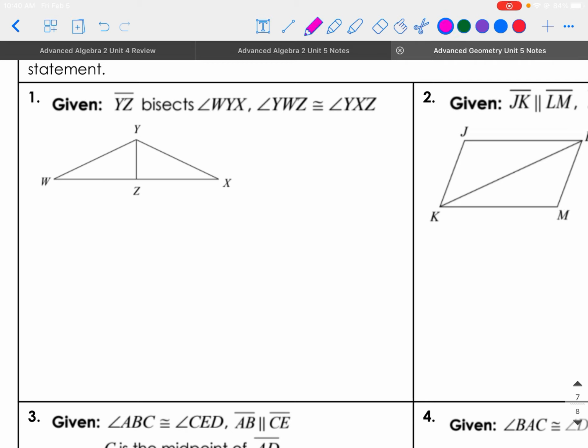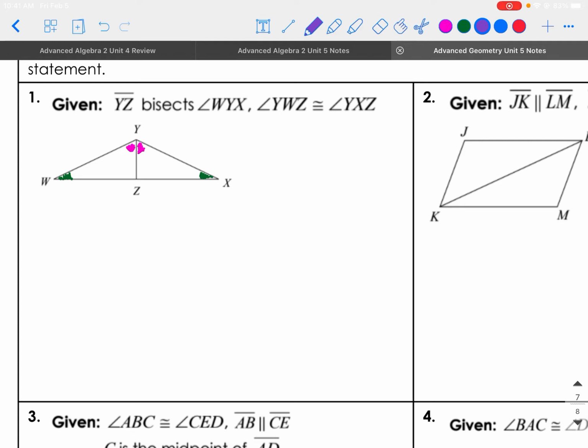It tells us that YZ bisects angle WYX. So here's angle WYX, and since YZ bisects it, that means that this angle and this angle are congruent. Now it also tells us that angle YWZ is congruent to YXZ.